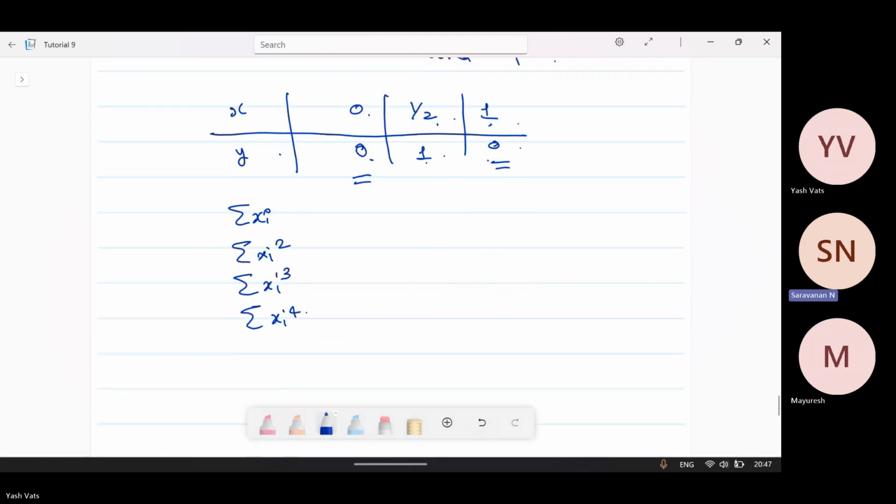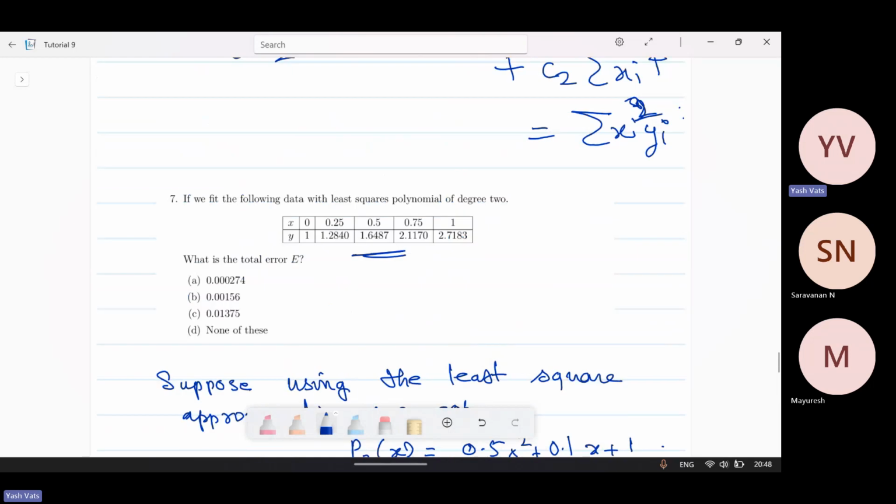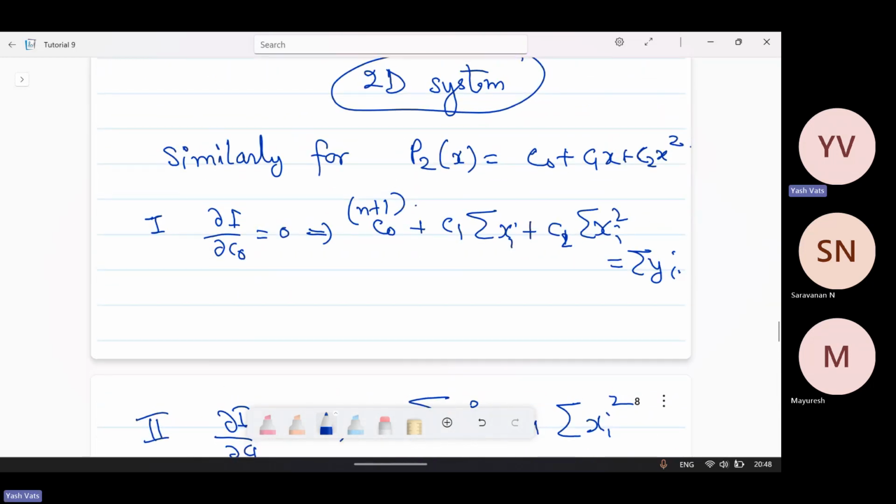Do we need to calculate xi cube and xi power 4 also? Yes, we need that because we have quadratic interpolation, right?